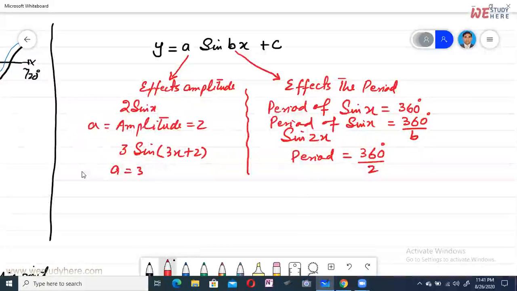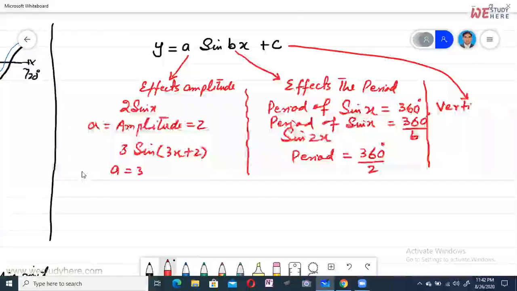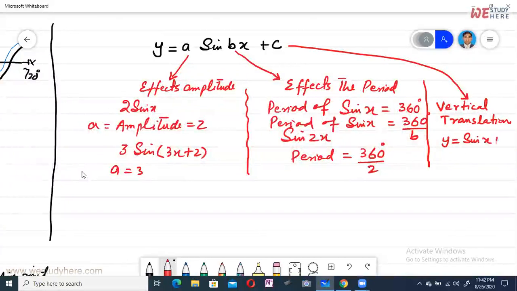Then after that, what is c? C is the vertical translation. How will it be? Suppose the function is y is equal to sine x plus 3.